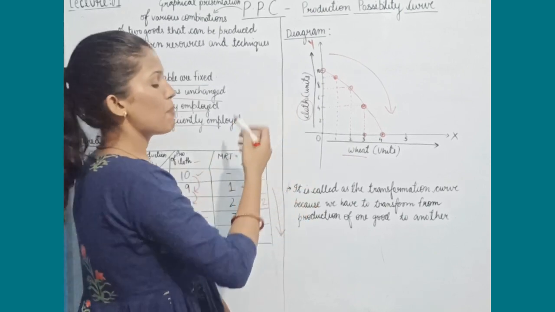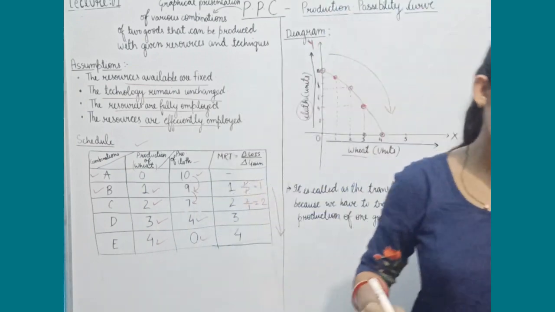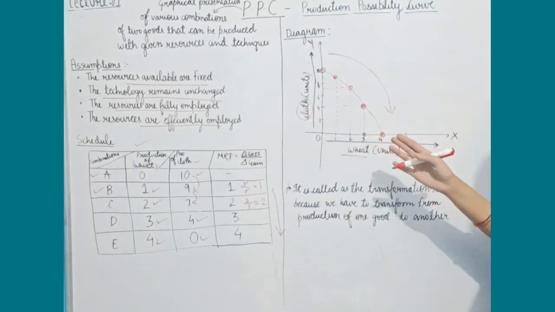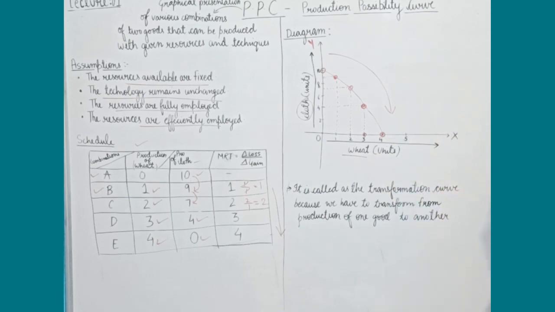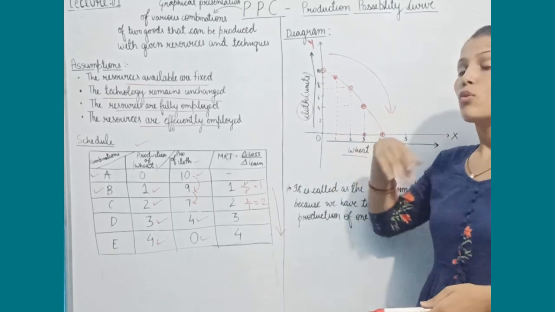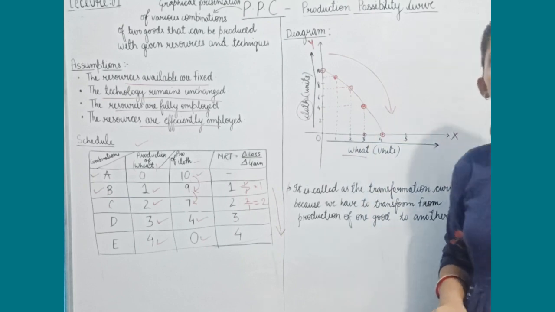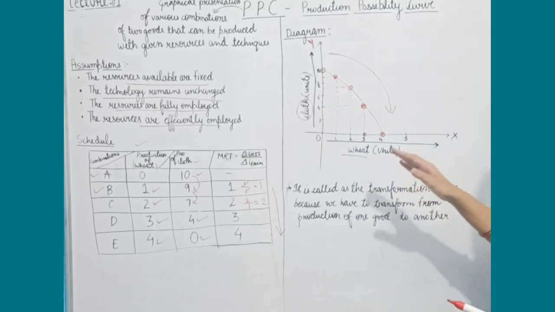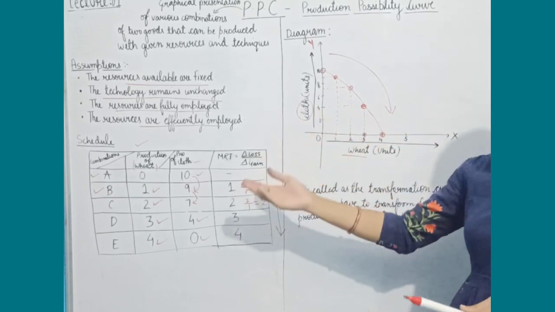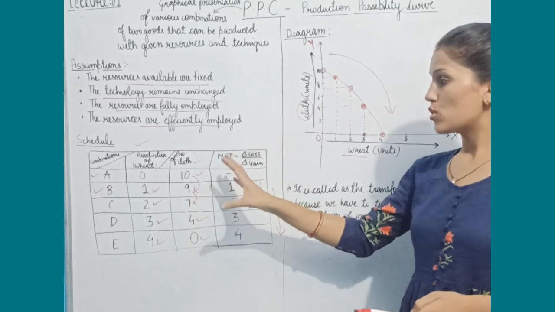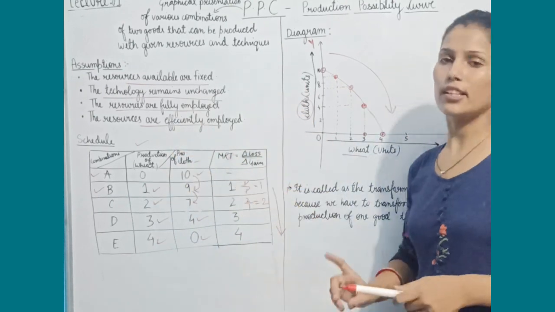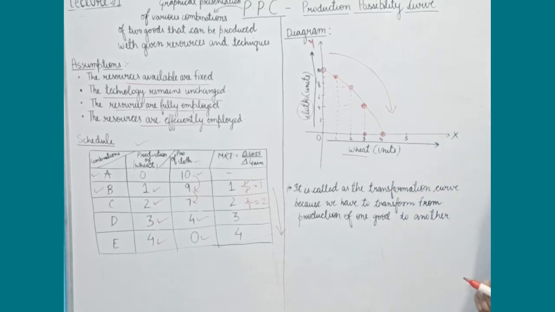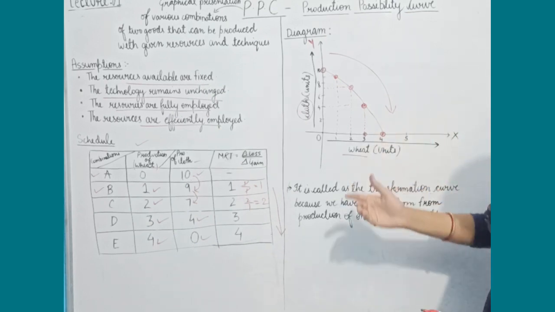That's why the PPC curve is concave to the origin and is downward sloping from left to right. Clear? Now next, why is it called the transformation curve? Because here we are transforming the resources from the production of one good to the production of another good. So that's why it is called a transformation curve.